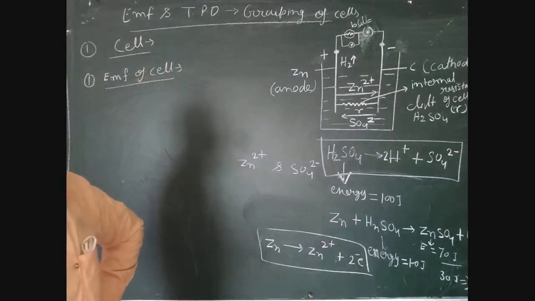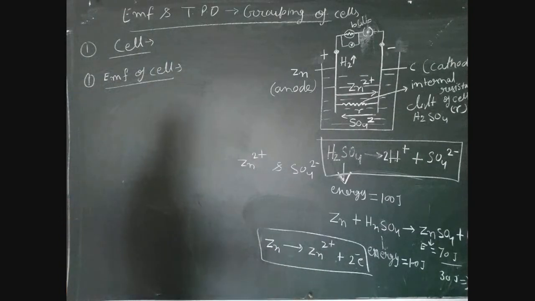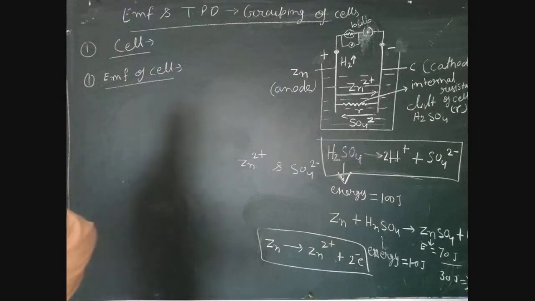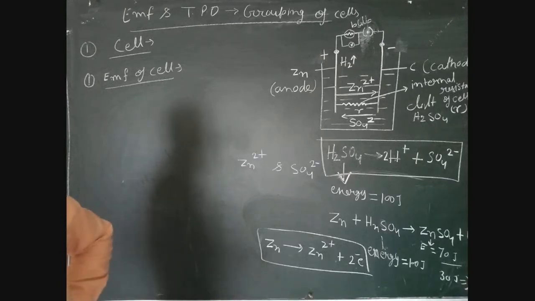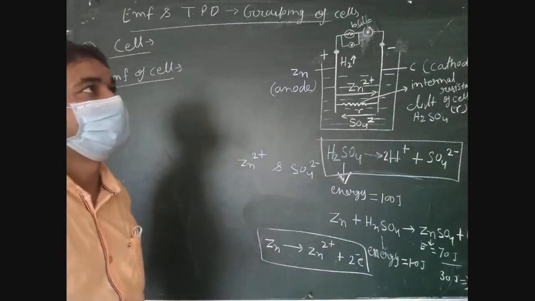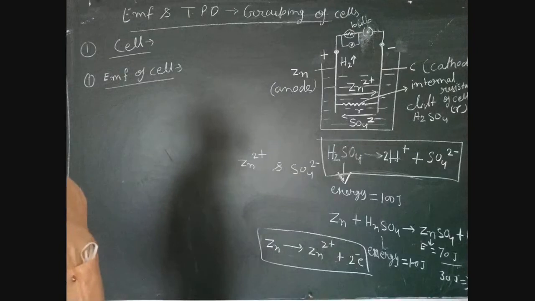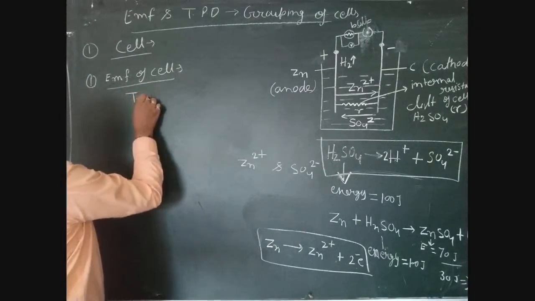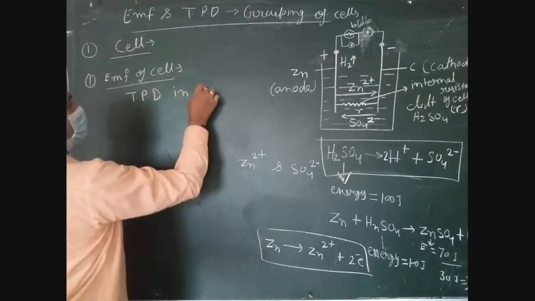The EMF of a cell is defined as the maximum potential difference between the two electrodes when no current is drawn from the cell, and it is called terminal potential difference in open circuit.